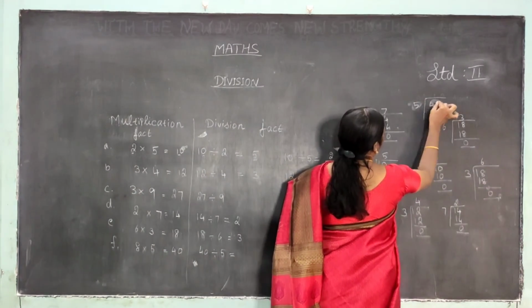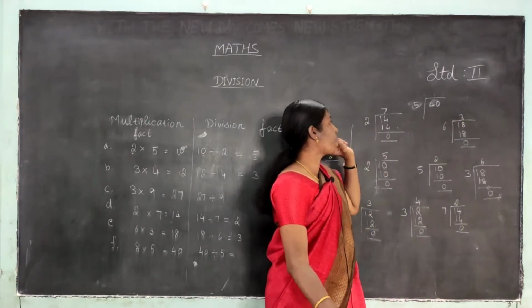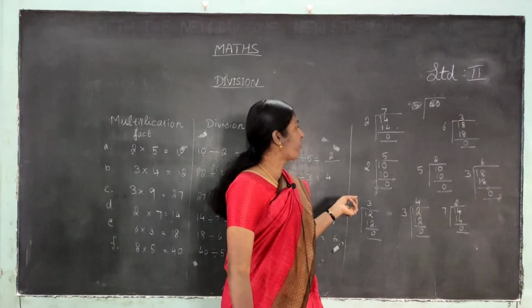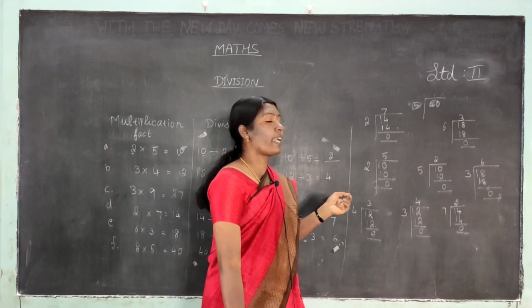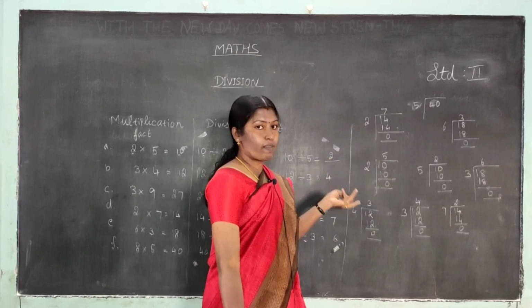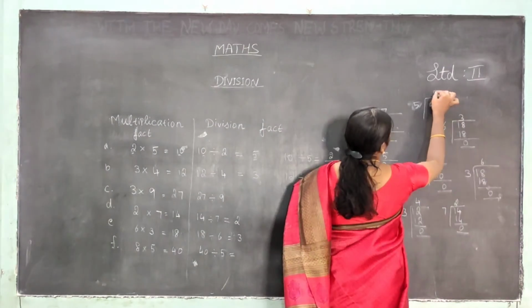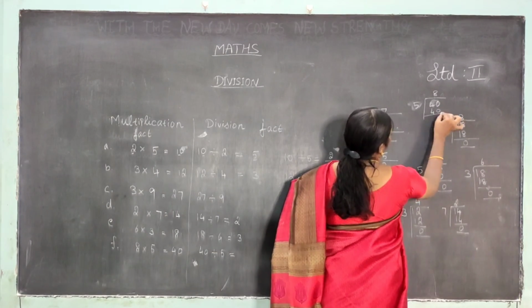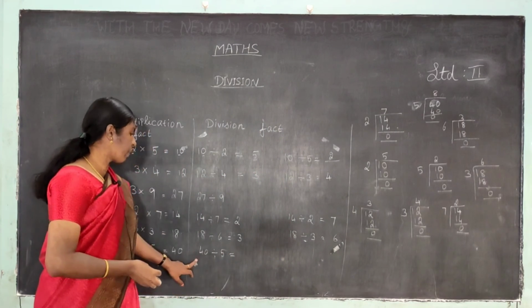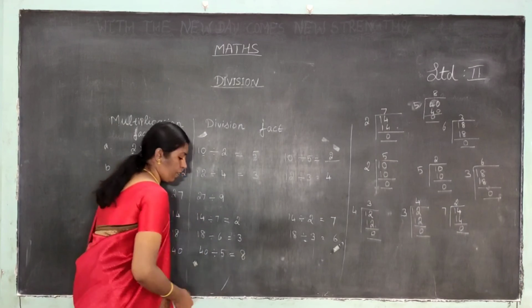Tell the 5 table. 5 1s are 5, 5 2s are 10, 5 3s are 15, 5 4s are 20, 5 5s are 25, 5 6s are 30, 5 7s are 35, 5 8s are 40. Write the quotient, minus it and write the remainder also. Here when we divide 40 by 5 means what? What is the quotient? 8.